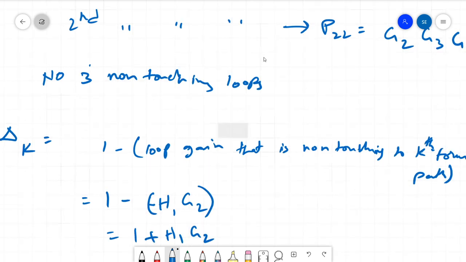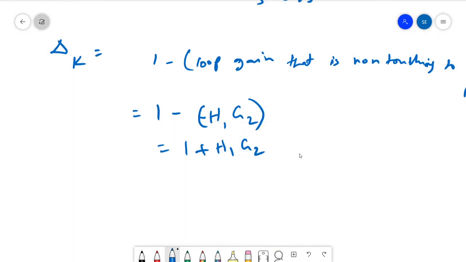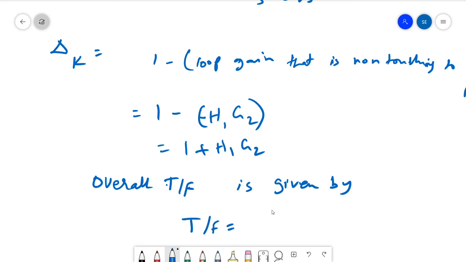So this is how we calculated all the parameters required for Mason's gain formula. Now substitute in the overall transfer function. TF is equal to 1 by del, summation k equal to 1 to n, Pk del k.